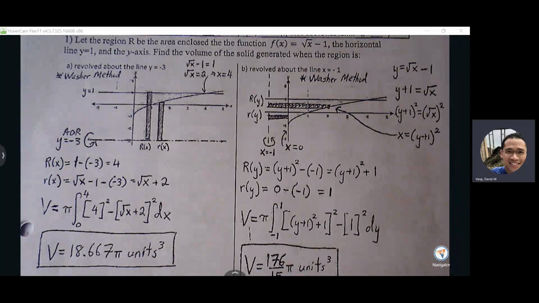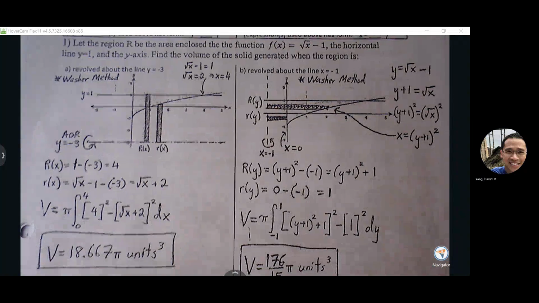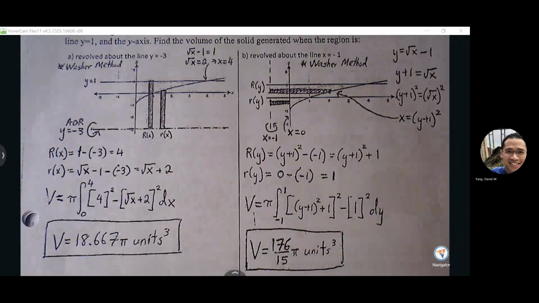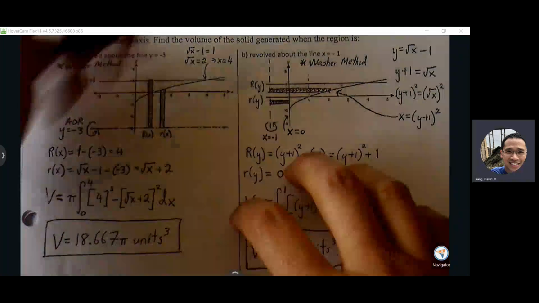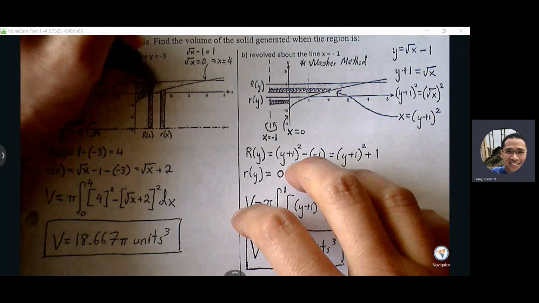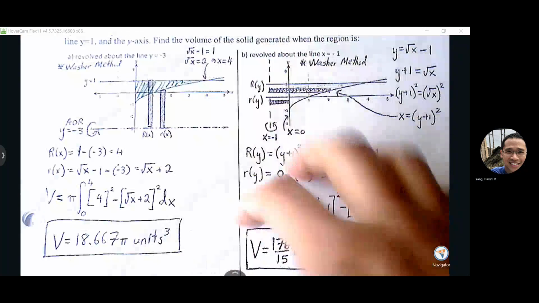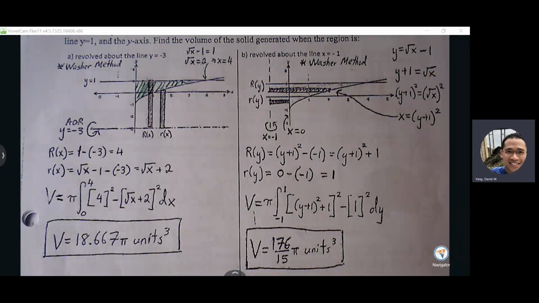So again, page 15. What we talked about was that, once we have the shaded region, we look to see where that shaded region is in relation to our axis of revolution.